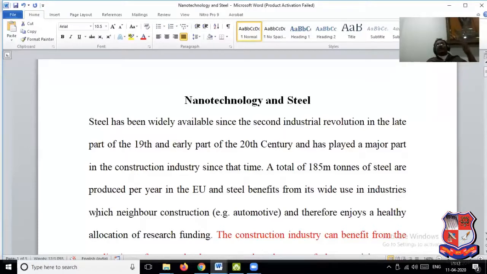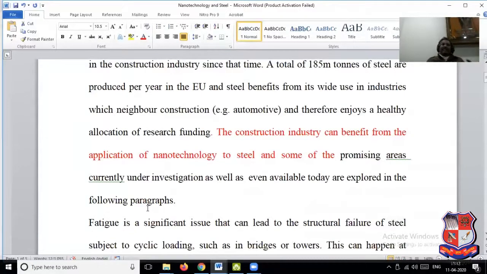But due to the very huge amount of usage, steel is still receiving funding, and that is a good thing. Whether it is used in automobile or civil engineering, whenever we do research, we gain some knowledge, and based on that we can use this concept in a number of other applications. Among those, a few we will see.